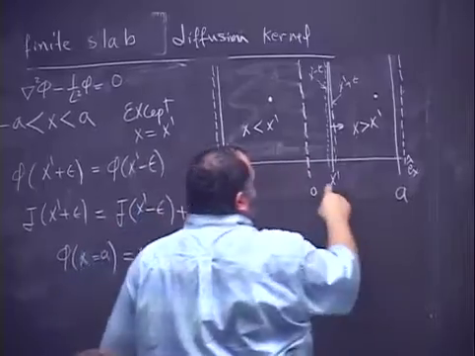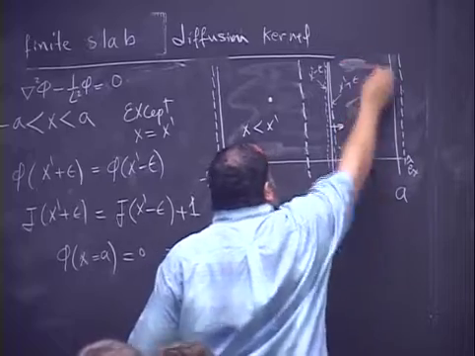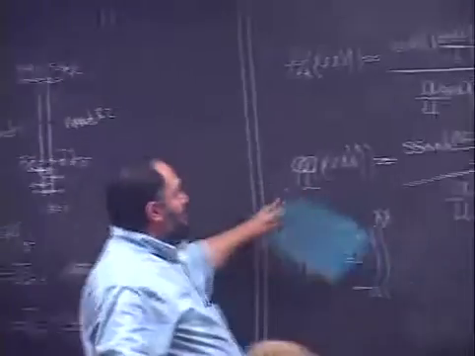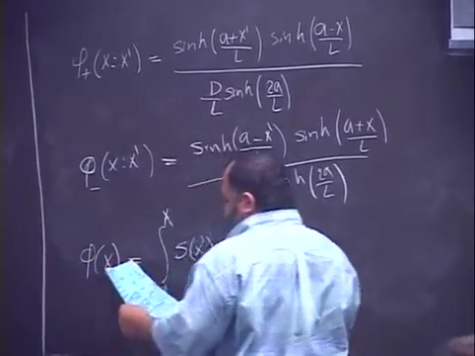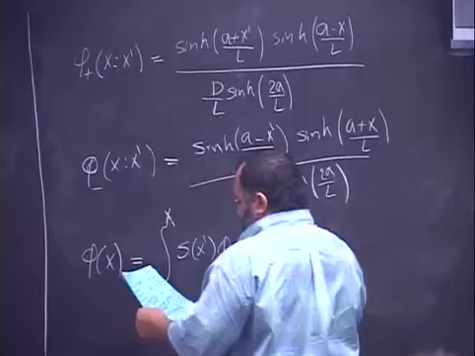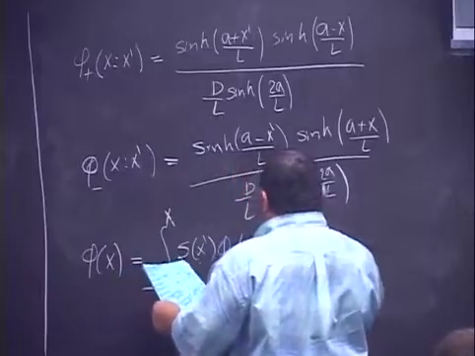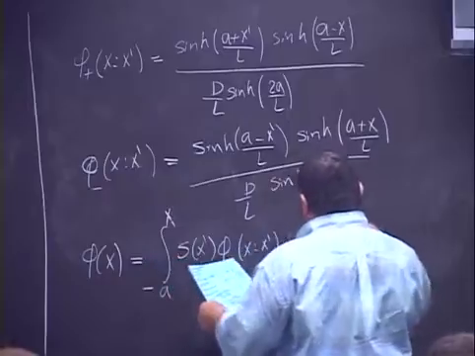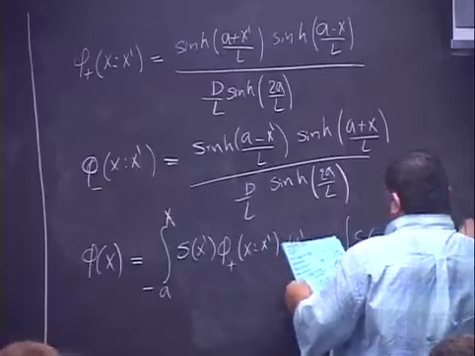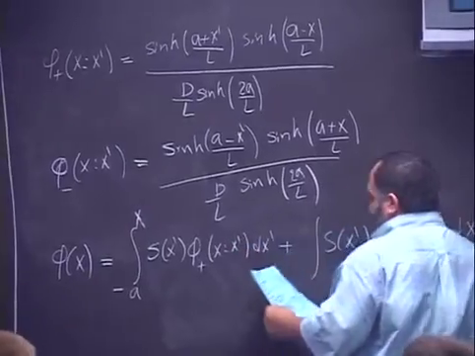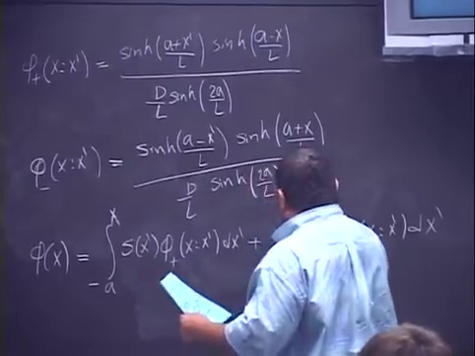Then you will integrate from x equal to x prime to a, and you will use the other formula, this one. So now this will give you the source at x prime, phi plus at x, dx prime, plus the source at x prime, phi minus at x, dx prime. I think from x to a, something like this.